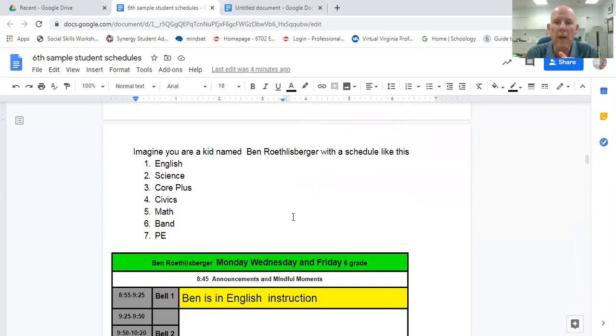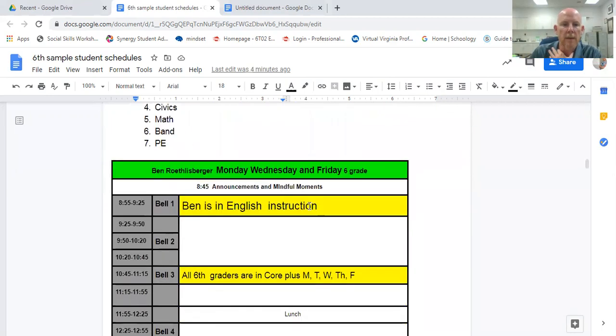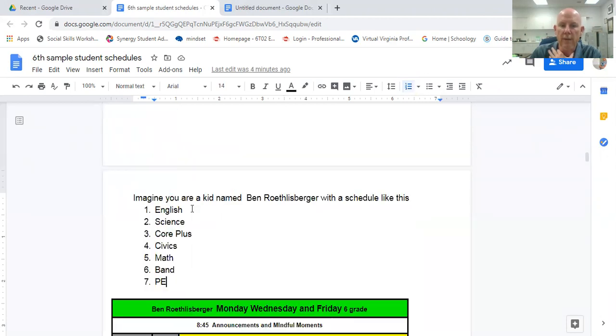Let's imagine you're a Hickory Hawk 6th grade student, maybe named Ben Roethlisberger. Your schedule looks like this: English, science, Core Plus, civics, math, band, and PE. What we're going to do for Ben is we're going to break up his classes to Monday, Wednesday, Friday. He's going to start out with English instruction, because if you look at his schedule, he had English first period.